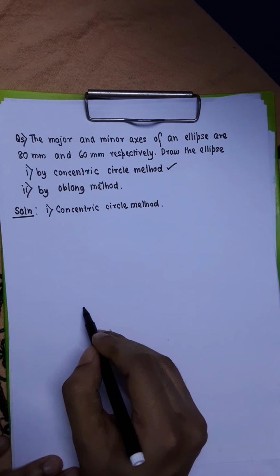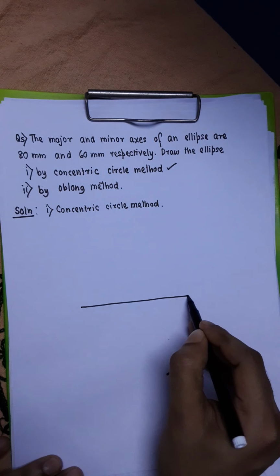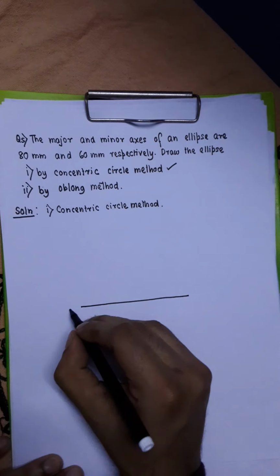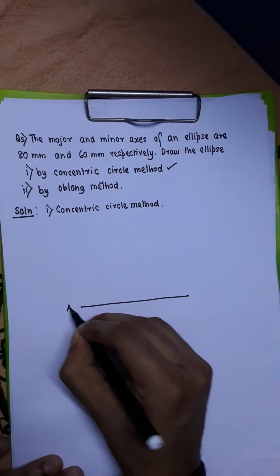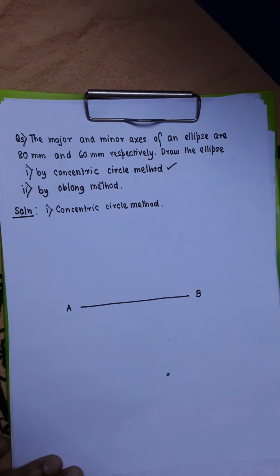First, draw the major axis of the ellipse, which is 80 millimeter in length according to the given question. So let us say that the major axis is this line segment AB, whose length is 80 millimeter.